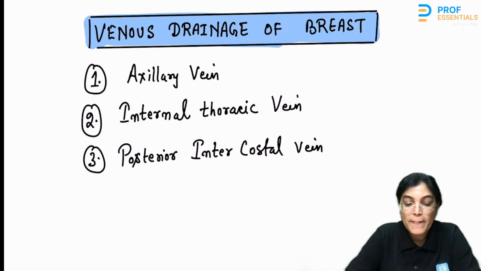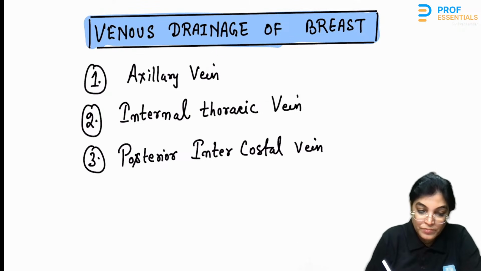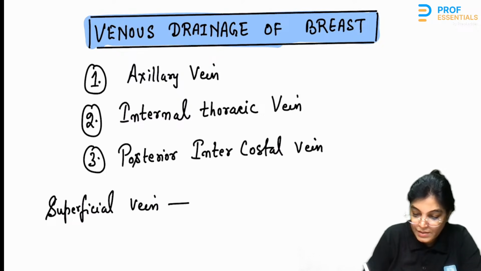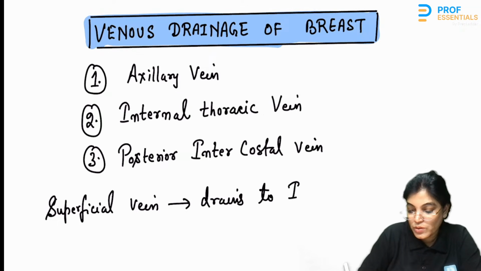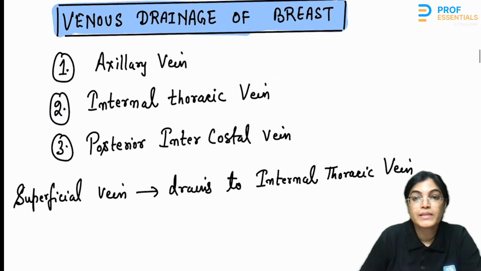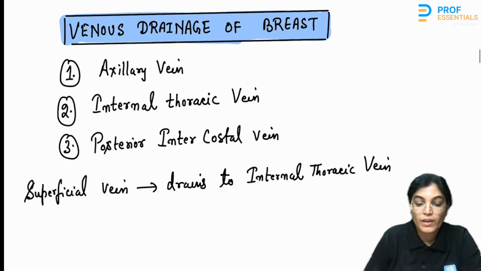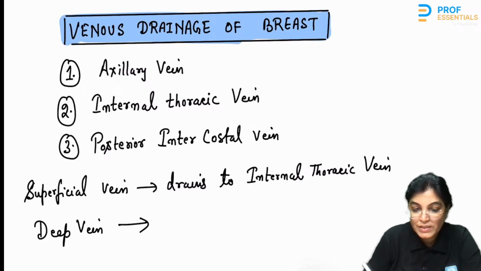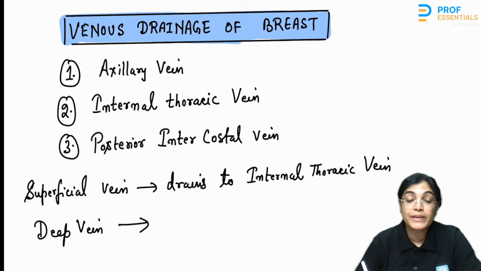So if you want, you can write down: superficial veins drain into the internal thoracic vein. Deep veins, these veins are in the form of an anastomotic venous circle.